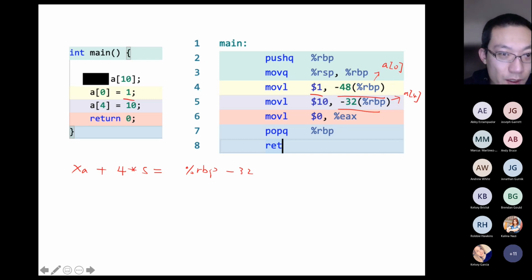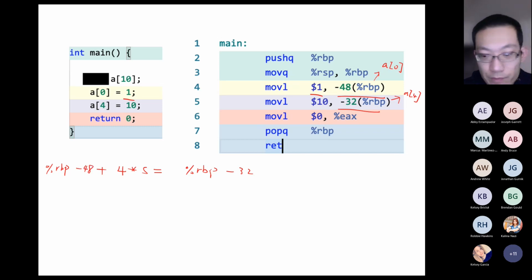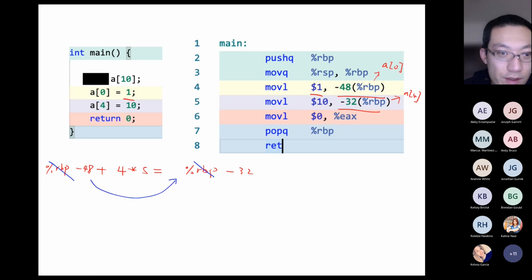So here this is A0. We can put down RBP minus 48. If we move this 48 to the other side, we would have 4 times S equals 16.